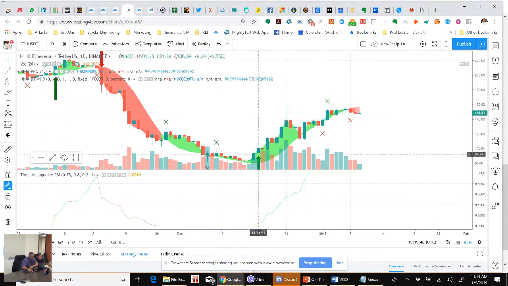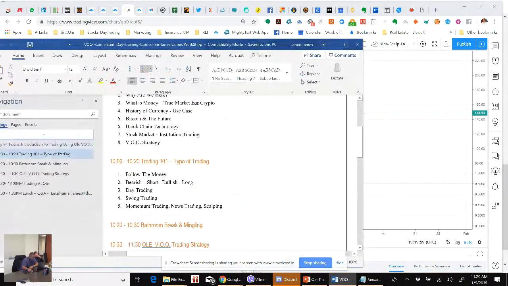So we actually use human, manual. No matter what system you have, there's no replacement for human and new news. One of the things in the VOO strategy is momentum trading, news trading, and scalping, and that's something that no chart out there can replace.